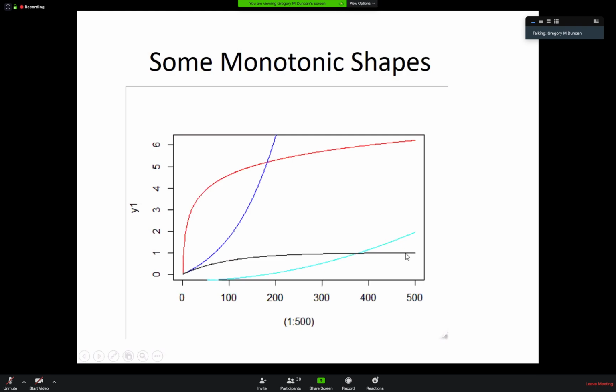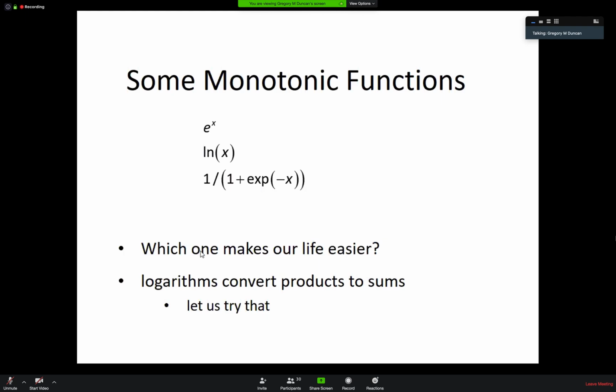Technically speaking, if it flattens out, it's not monotonically increasing, and so you probably wouldn't want to use any function that flattens out. I just wanted to introduce that functional form now because we're going to be using it all of the time. So, which one makes our life easier?